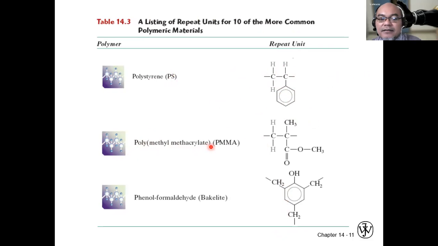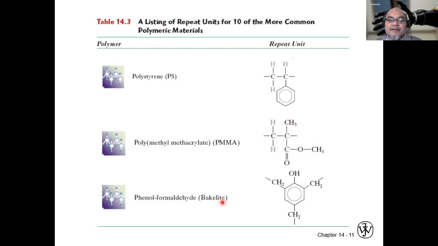Polymethyl methacrylate, PMMA, which in the market we usually call acrylic, is used for making aquariums or many other structures. One hydrogen atom is replaced by a methyl functional group, and the other is replaced by a COO carboxylate functional group with a single methyl group as well.